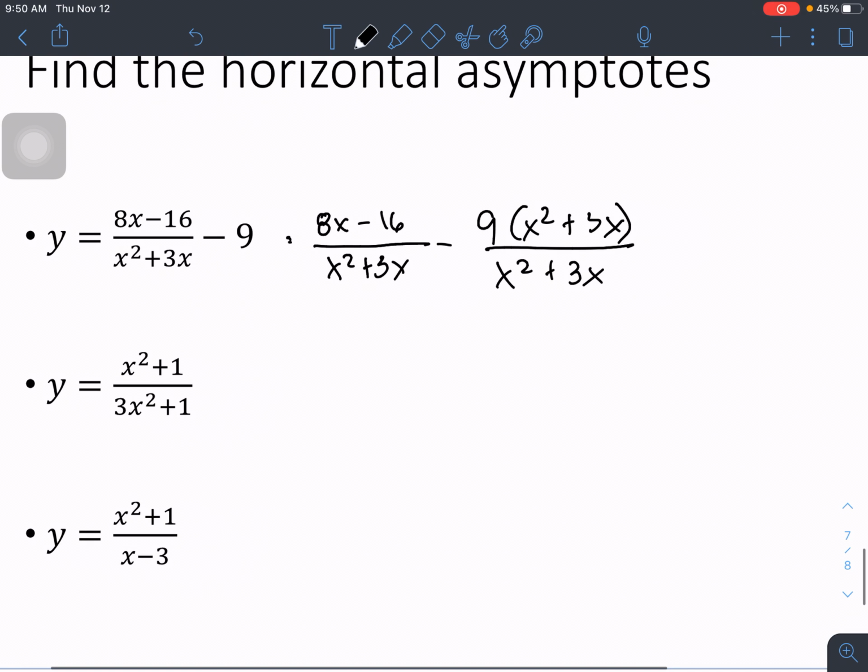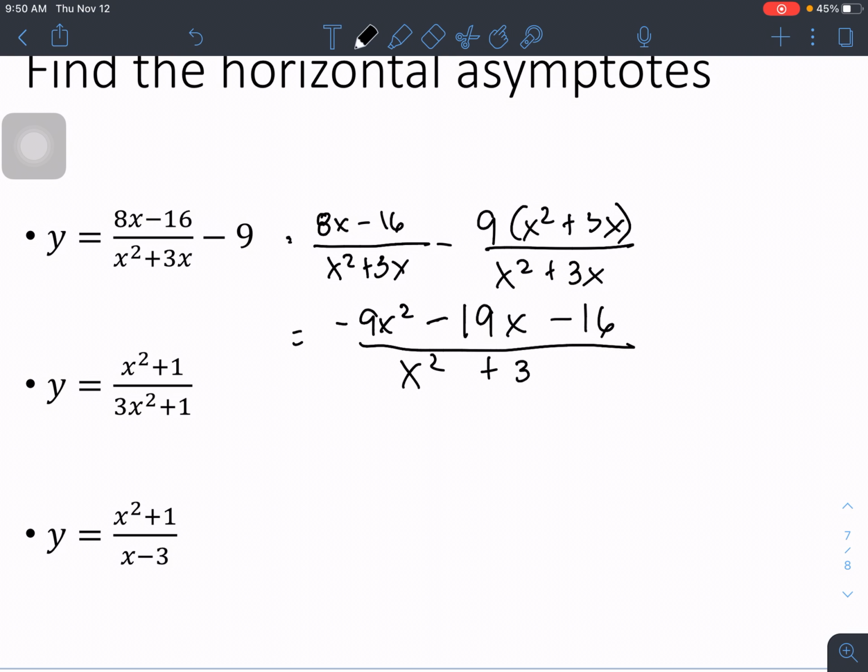Arranging this, this will be negative 9x squared, 8x minus 9 times 3x is 27x, so this will be negative 19x minus 16 over x squared plus 3x.